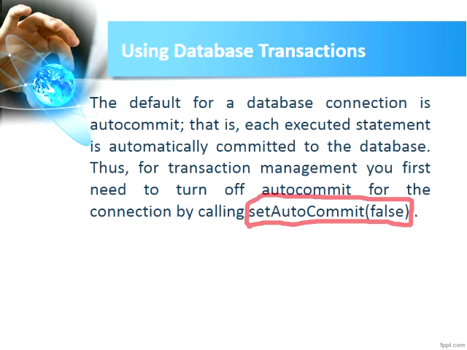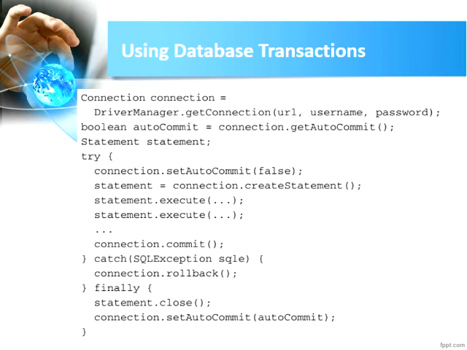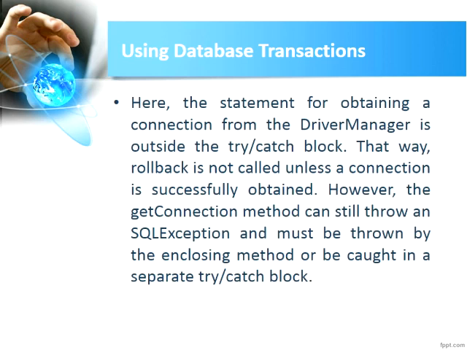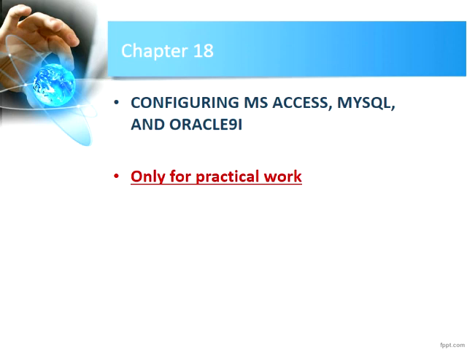So calling the method setAutoCommit with a parameter false means we will turn off auto commit of our transaction.